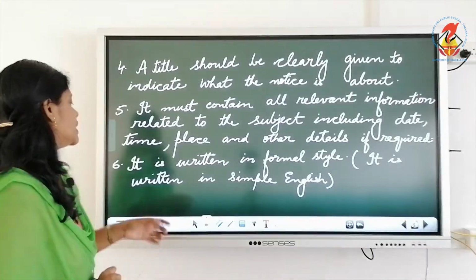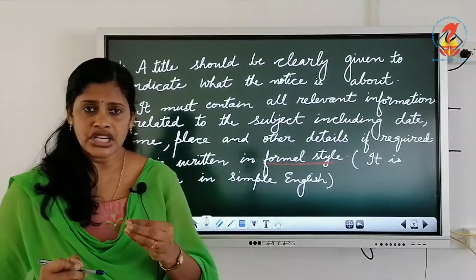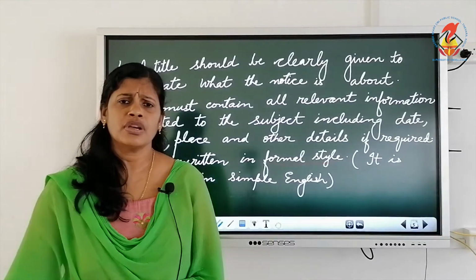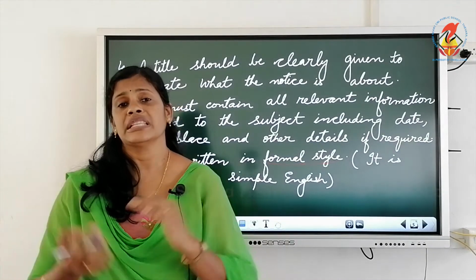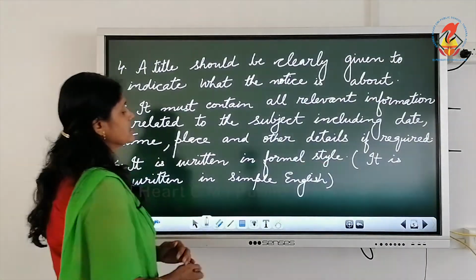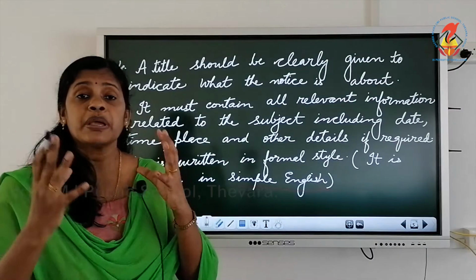Okay. It is written in formal style. Formal style means you write in simple English. Briefly you try to say what is there. It shouldn't be descriptive. You need not describe it in detail. It is written in simple English. You should use simple language. You need not use big words.